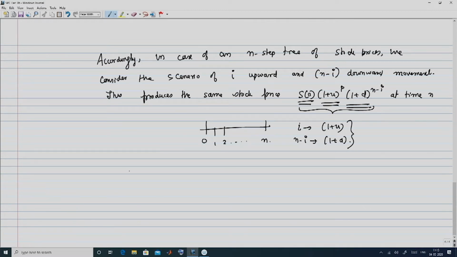So, accordingly, now there are n choose I such scenarios. So, this means that in the n time intervals between 0 to n, you can have I number of ups in many different ways. It could be that the first I movements from step 0 to I you have all up movements.